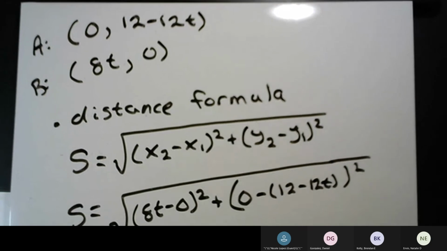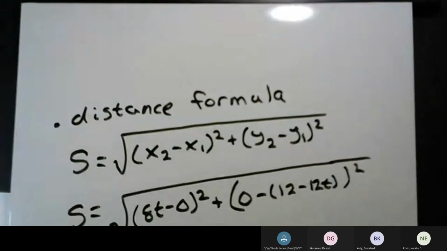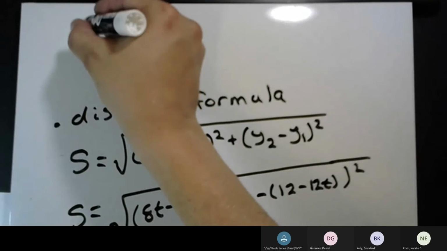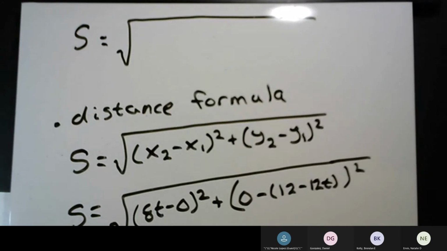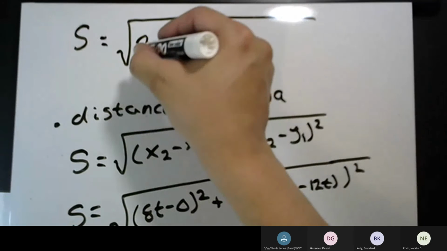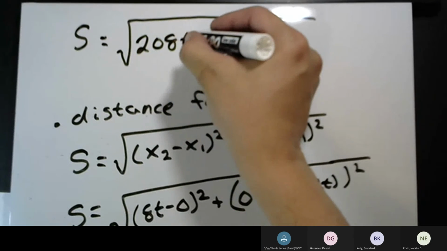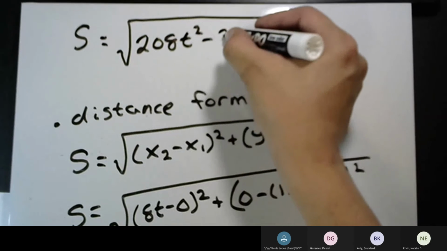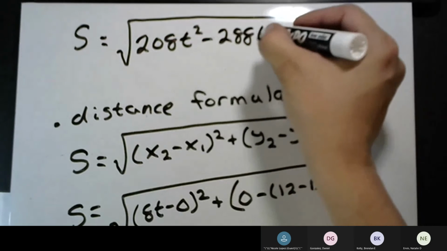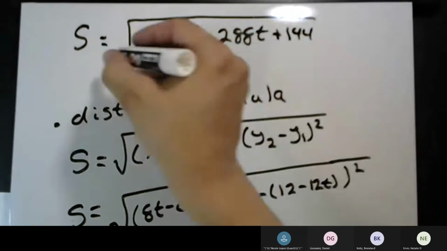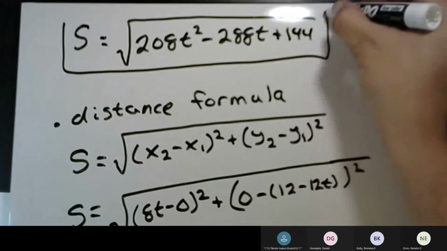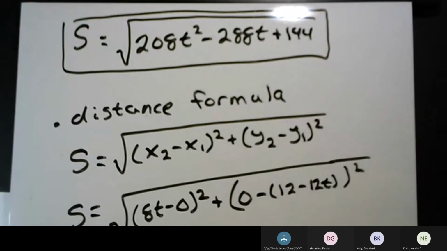And when you simplify this down, what you're going to get is s is the square root of 208t squared minus 288t plus 144. And so that's going to give you the distance between the two ships.